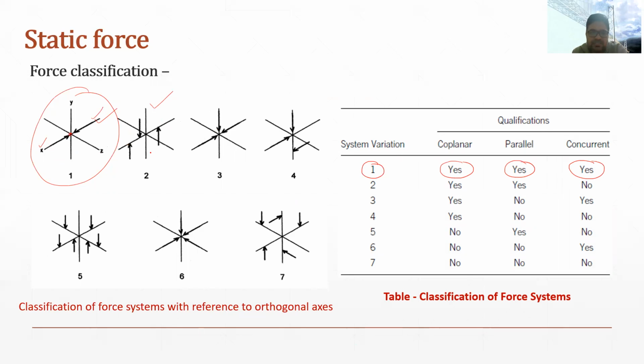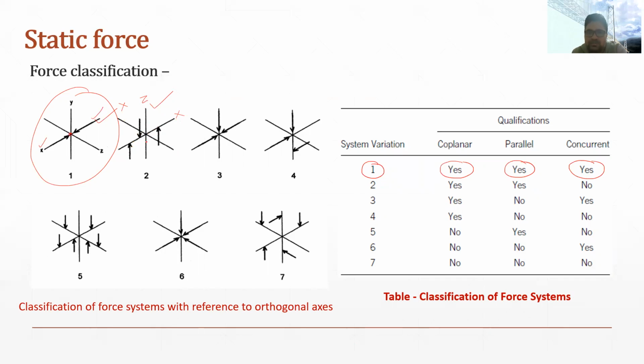Now in the second system, say if I say this is the z-axis, this is the x-axis, and this is the y-axis, these three forces are acting along the xz plane. So all three forces are acting in the zx plane, which means these three forces are coplanar, but they are not acting on a single point.